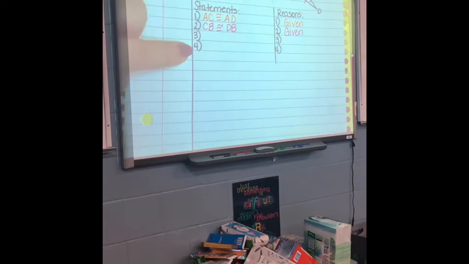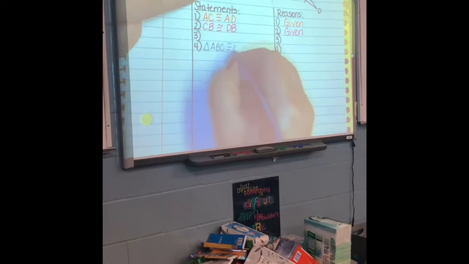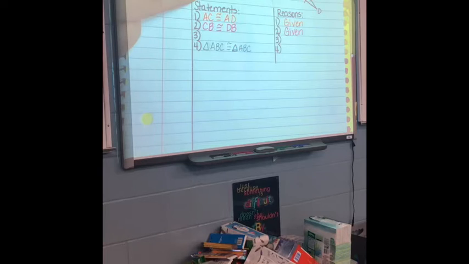And then the last line, if you look back at the last proof that you wrote, the last line talked about what? The triangles. It gave you the prove statement. So I'm going to talk about triangle ABC congruent to triangle ABD. I don't quite know all that information yet. So I have 3 blanks I need to fill in that's not given to me. Is everybody with me? Do you have a question?